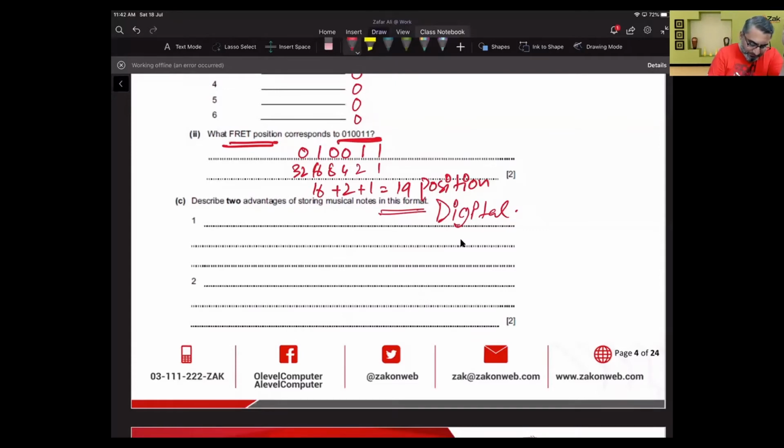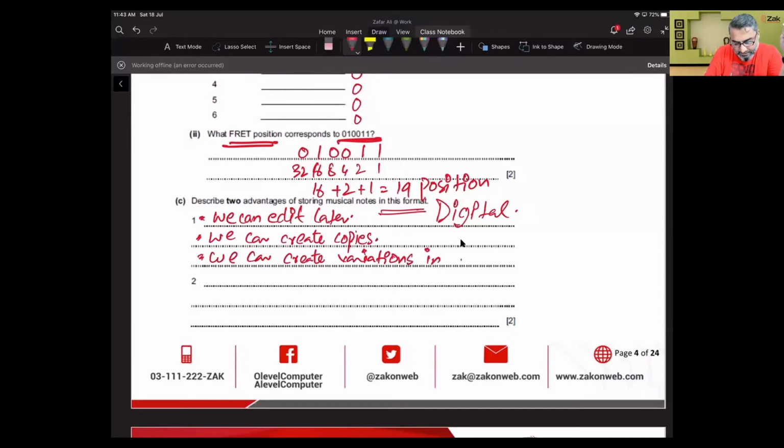We can edit later. We can create copies. We can create variations in digital copies.